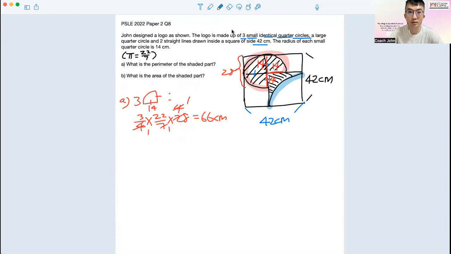Okay. So having said that, you also need to look at the other bigger quadrant. So I'm going to use blue ink. So this part is 14, and then 28 minus 14... what is 42 minus 14?